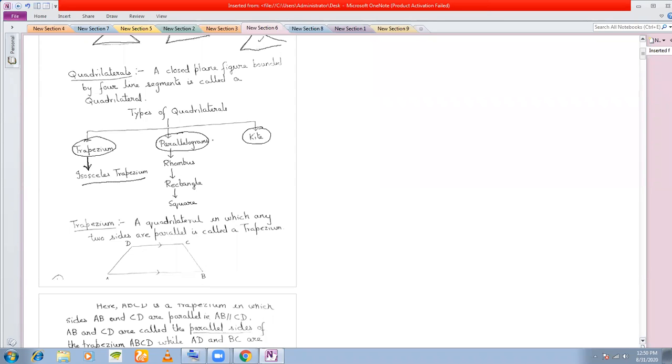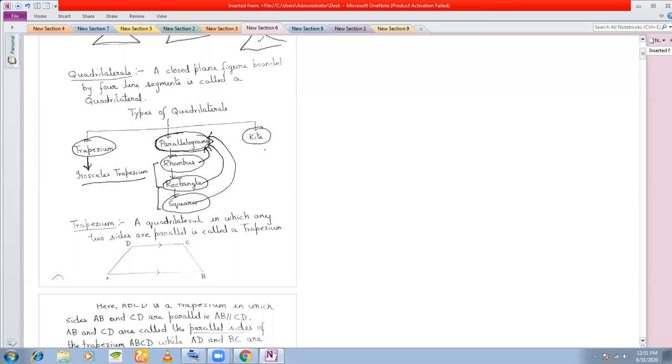Among parallelograms, rhombus is a special kind of parallelogram. Rectangle is also a special kind of parallelogram. Square is also a special kind of parallelogram. All these are parallelograms. So parallelogram is a basic figure on which all these three figures are built.